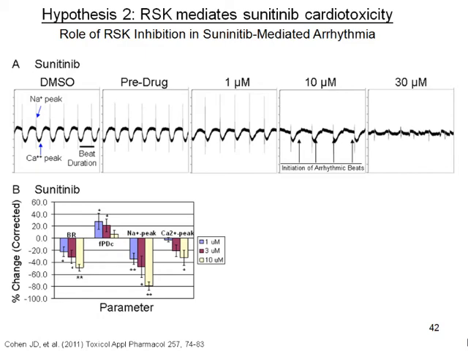At around 10 micromolar, we see the initiation of arrhythmic beats, and by 30 micromolar, there's a decrease in the electrophysiology altogether. There are decreases in the sodium peak, the calcium peak, decreases in the beat rate, as well as the field potential duration, which is a measurement of QT normalized to beat rate. So again, from the sodium peak to the top of the calcium peak.